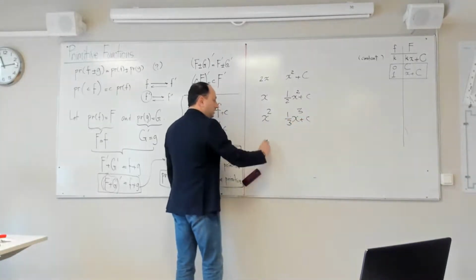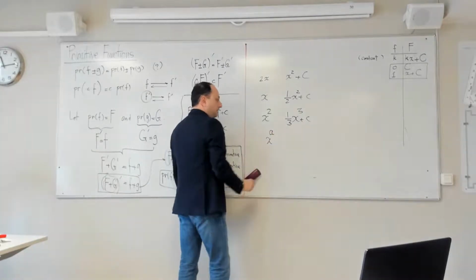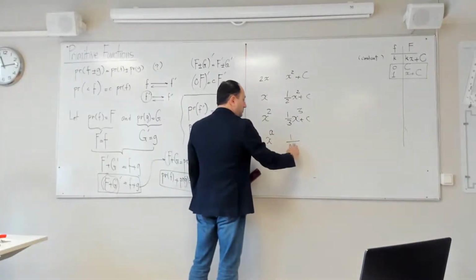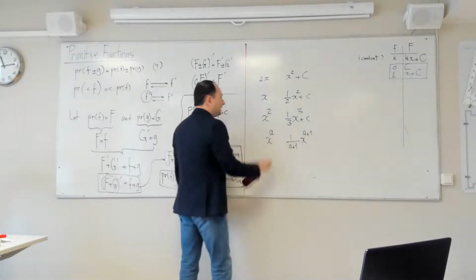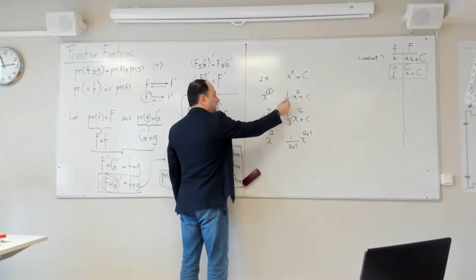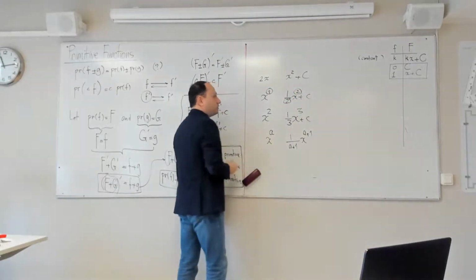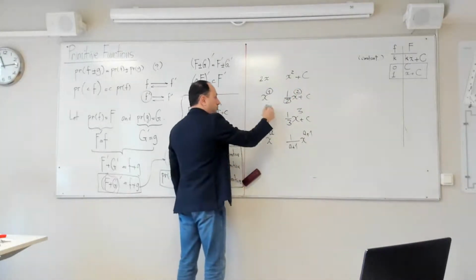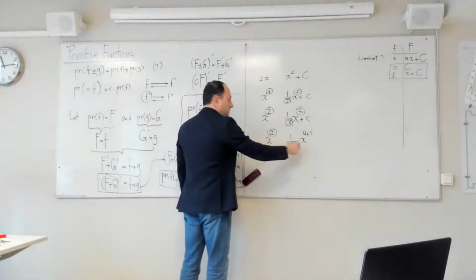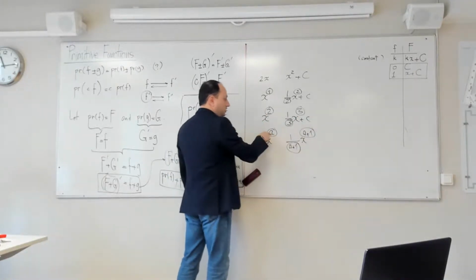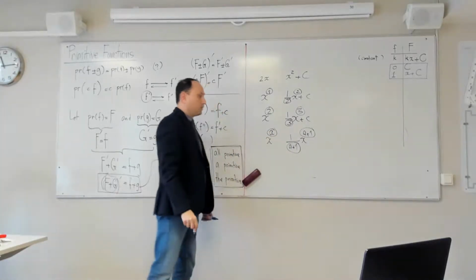So in general, for x to the power of a, the primitive function is 1 over a plus 1, x to the power of a plus 1. You see, if this was 1, this number and this number were 2. If this is 2, these numbers are 1 more, 3. And this is a rough guess that if this is a, this should be a plus 1, a plus 1.